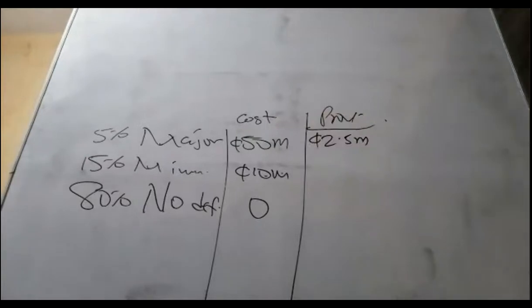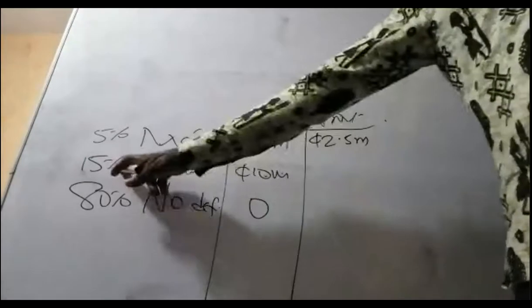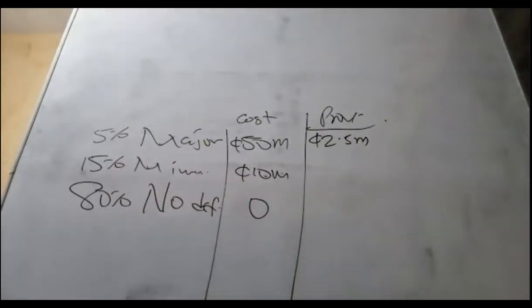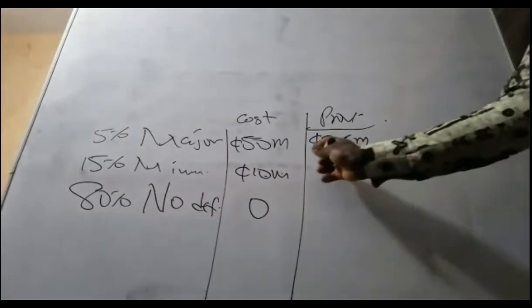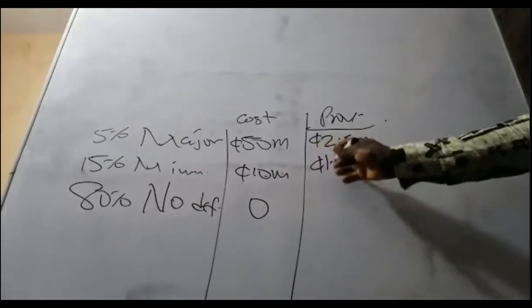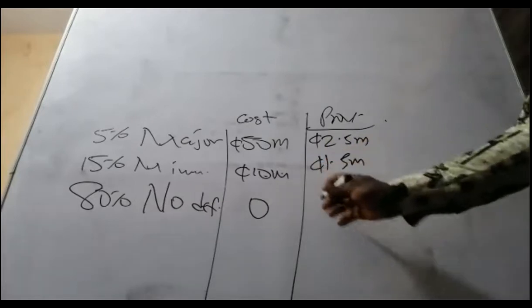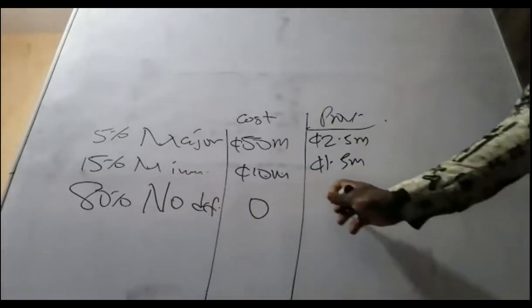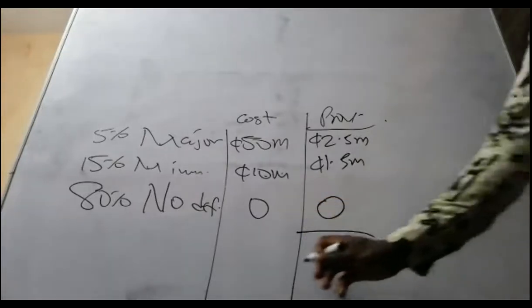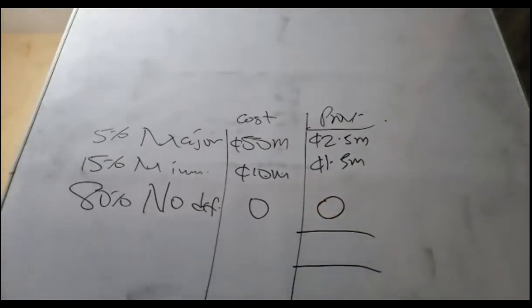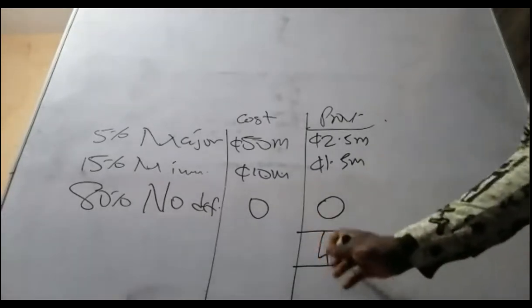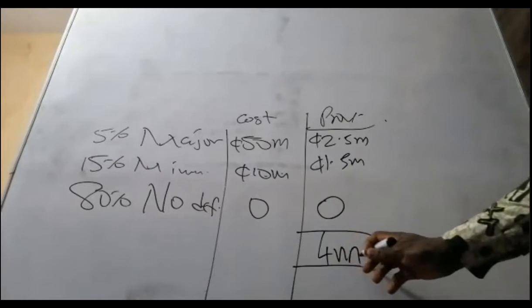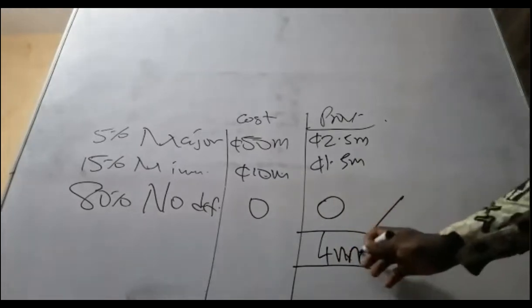Then we take 15% of 10 million. That will be 1.5 million, right? Here 80% of 0 will give us 0. So the total provision that we have to include in our books must be 4 million. We are done. What is the accounting treatment of this 4 million? Two treatments.